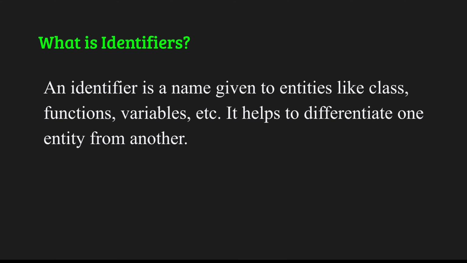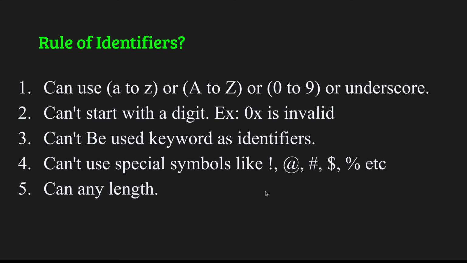So the next thing is the rules of identifiers. The first rule is that we can create an identifier by using lowercase letters a to z, uppercase letters A to Z, digits 0 to 9, and underscore.